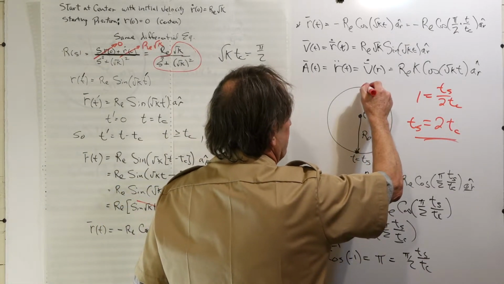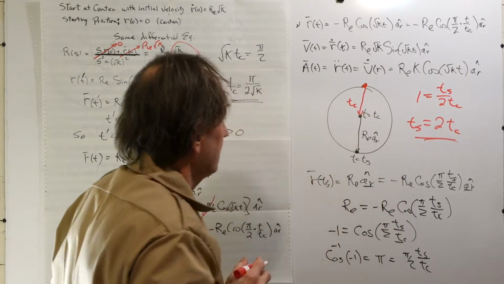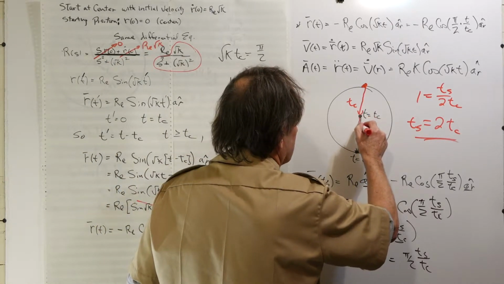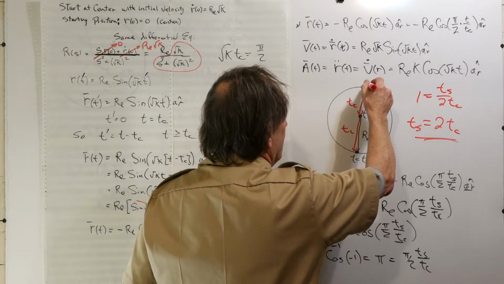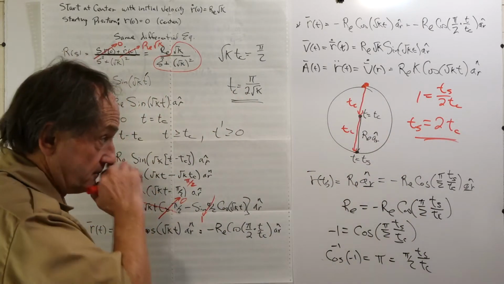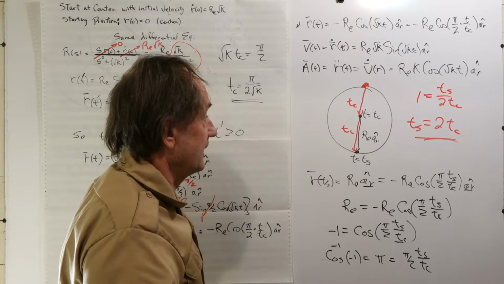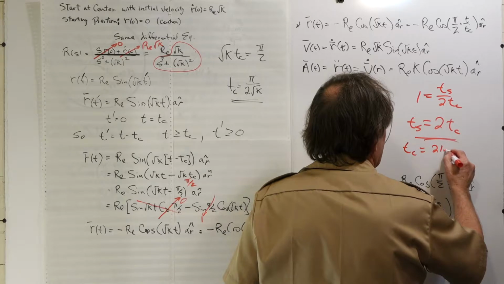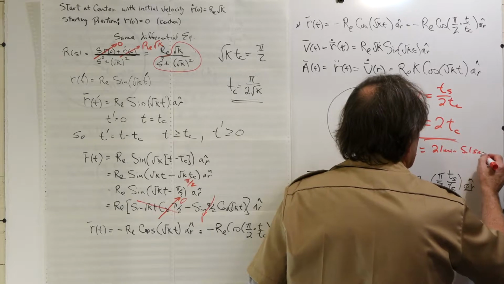We started at the surface. It took one time to get to the center, that's our time t_c, and then another time to get to the surface again, another t_c. So the total time to go from surface to surface is 2 t_c. And as before, we calculated that t_c was approximately 21 minutes and 5.1 seconds.